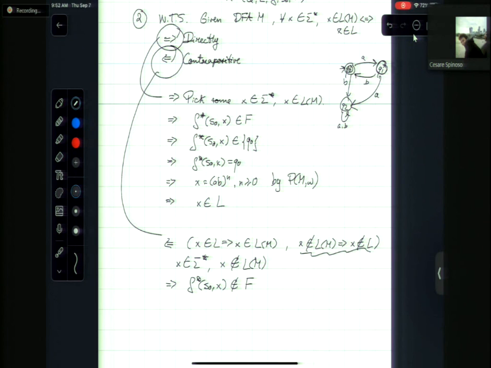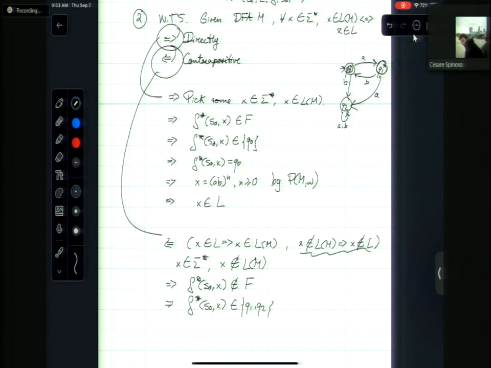So I end in any of the other states, which is either Q1 or Q2. This is an accept state, it has a double circle, but this is not an accept state, and neither is this, because it doesn't have a double circle. So that must mean that this guy is in either Q1 or Q2.